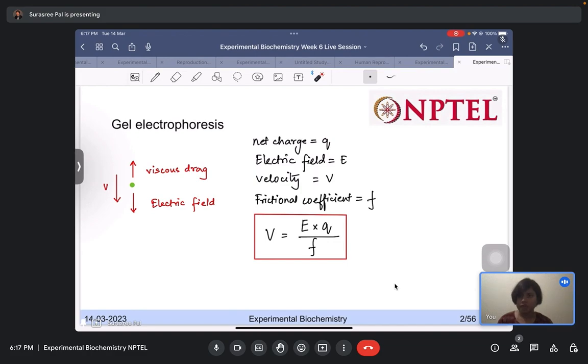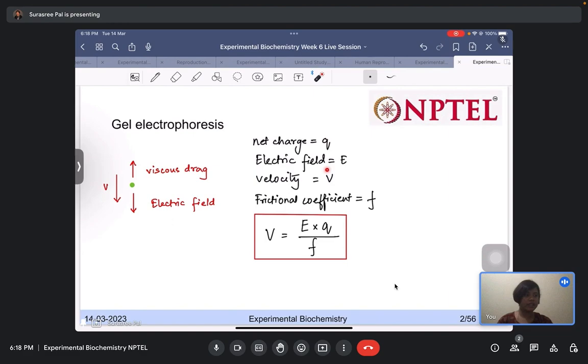So we additionally have to charge our proteins, and what we usually do is use sodium dodecyl sulfate, which is SDS. These things we are going to discuss later on. But when this charged molecule, suppose this is the charged protein or DNA molecule, is under a constant electric field, it will try to move in this gel matrix with a particular velocity, which is called v here.